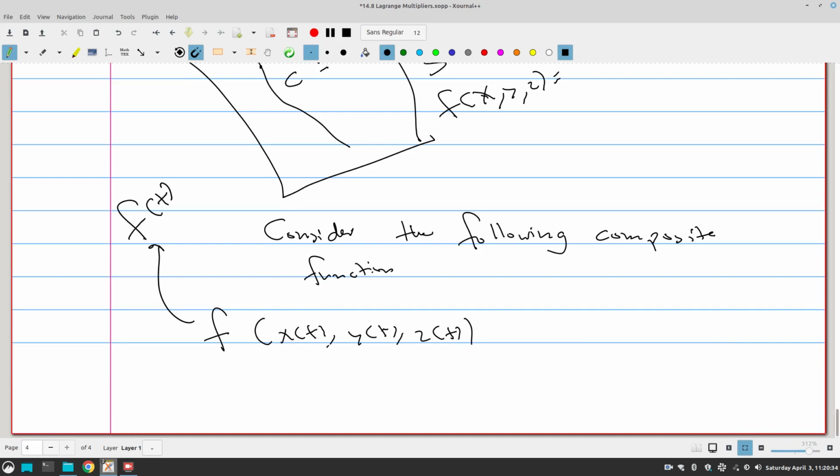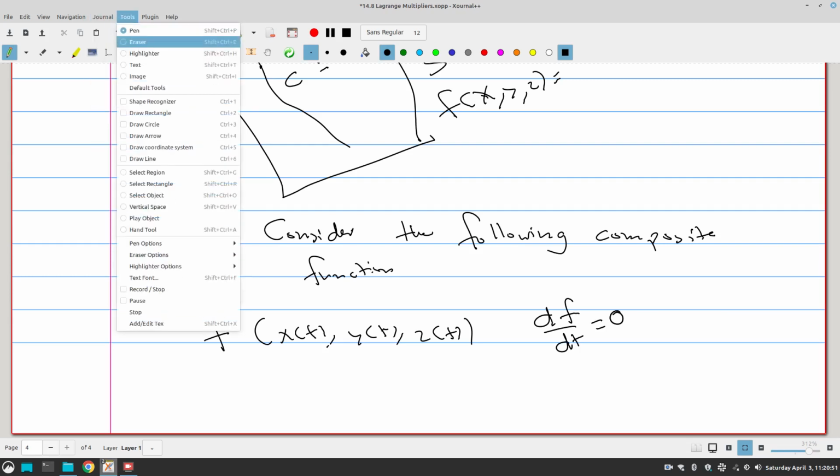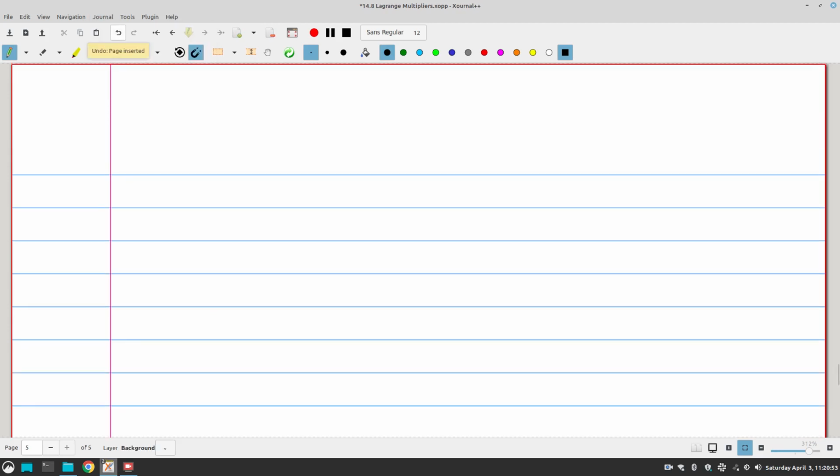So in order to extremize this function, not to maximize, but to extremize this function, what do I have to do? I have to set df by dt equal to 0. Now what happens if I set df over dt equal to 0?